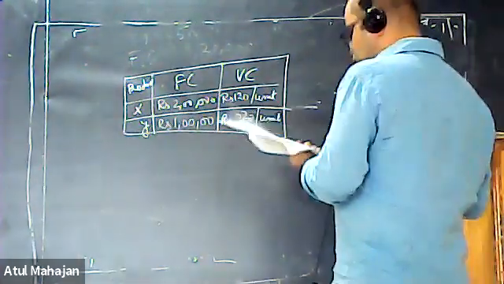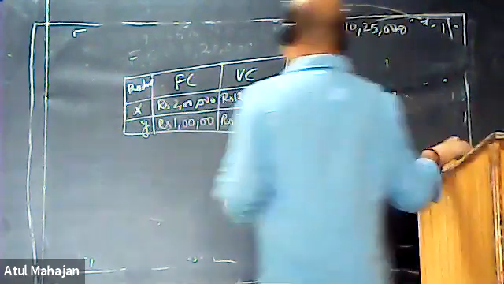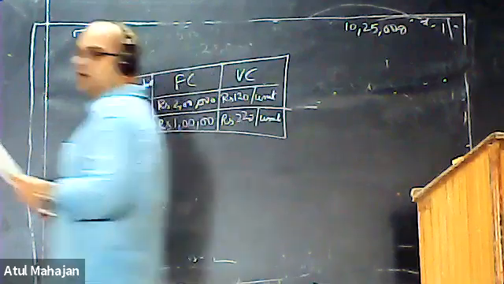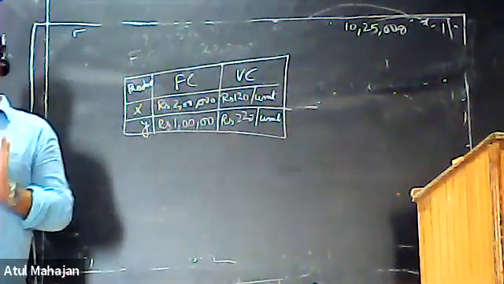So we need to know the production quantity at which the total cost of both the products becomes equal. That we need to know in this very example.